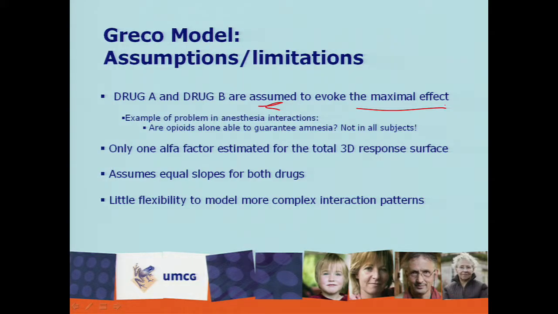Also, only one alpha factor is estimated in the Greco model. Only one alpha is estimated for the whole 3D response surface. That means that the shape of your interaction on the surface is always the same, whether you're looking at 5, 50, or 95%. This is not giving you a lot of flexibility if you want to model more complex interactions between two or more drugs.